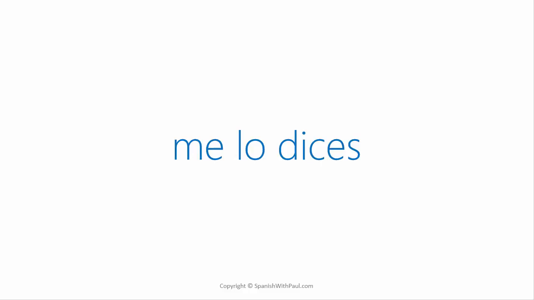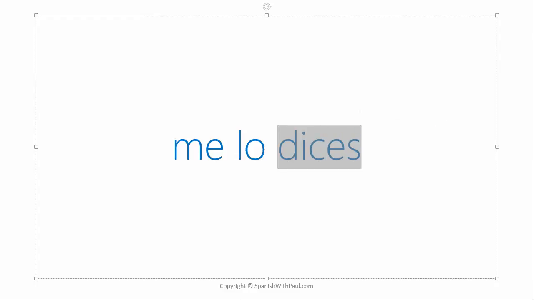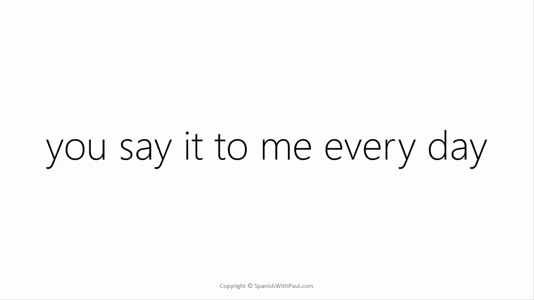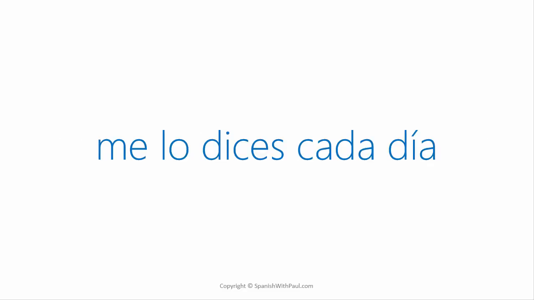Let's put a little magnifying glass on this again. We have dices, which is "you say," and lo dices, "you say it." But me lo dices, "you say it to me." How would you express "you say it to me every day?" Me lo dices cada día.